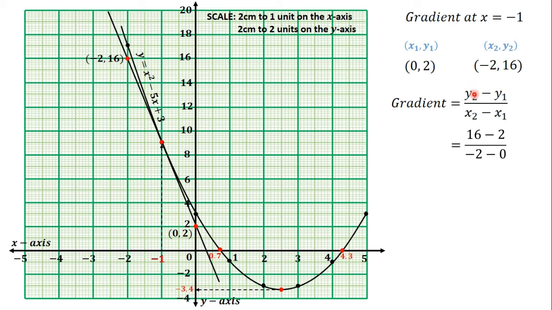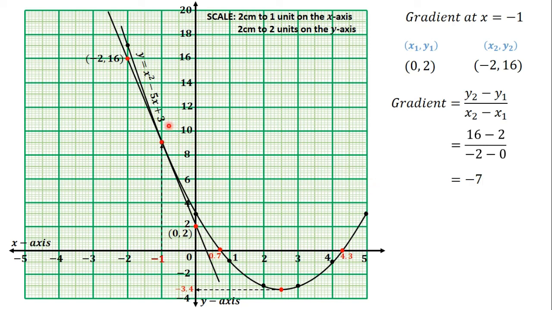You will have y2, which is 16, minus y1, which is 2, divided by x2, which is -2, minus x1, which is 0. 16 minus 2 divided by -2 minus 0 will give us -7.